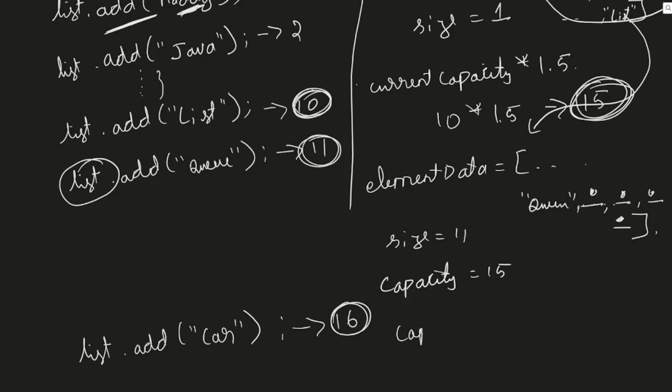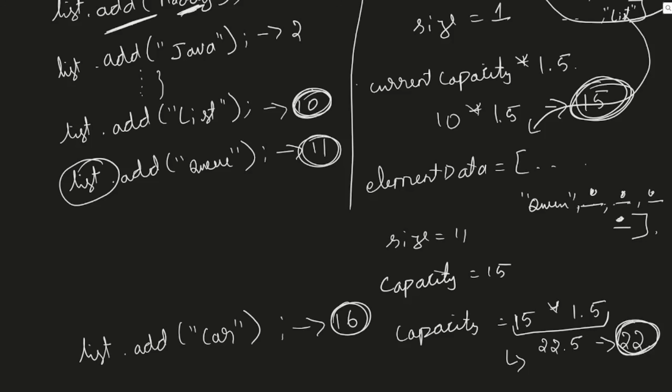The capacity will be 15 and it multiplies with 1.5, and then it creates a new array with this size. 15 into 1.5 is nothing but 22.5, and this gets rounded off to 22. So it creates an array of size 22 and copies all the 15 elements into the new array, and then it inserts the car element at the 16th position.